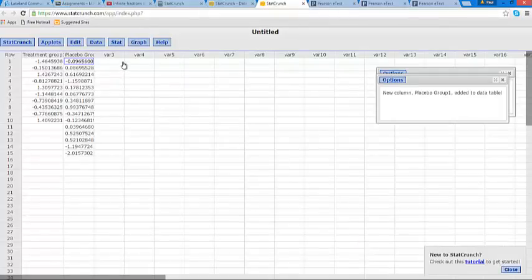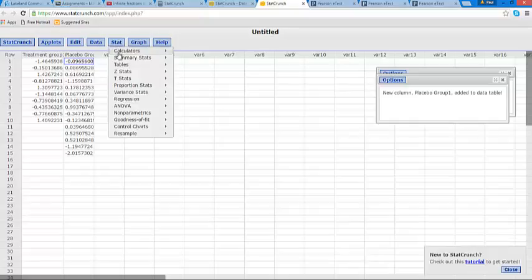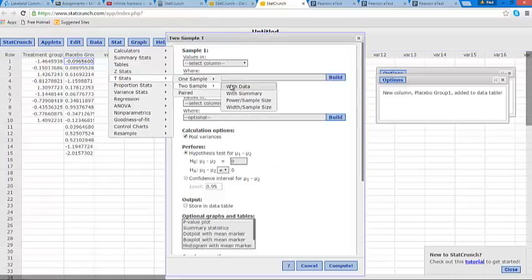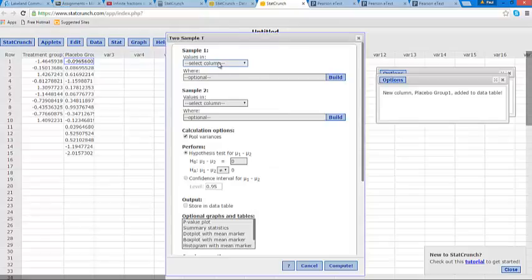So I'm going to go ahead and make a test. We would need the t-statistics because we're talking about means here. Using the data that we have, select the values from the treatment group and the placebo group. I'm allowed to pool the variances, but I don't need to do that. And I'm going to go ahead and compute.